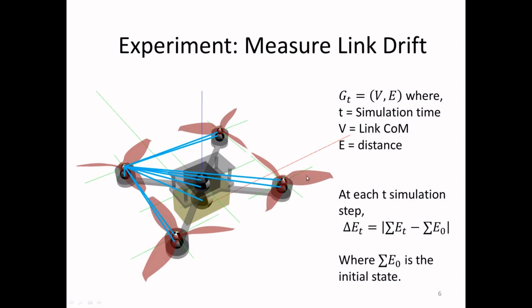We sum those values up, and then we take the difference and then the absolute to get essentially what a sum of the delta distances between all the links. And this value here, delta ET, at each simulation step will give us a basic understanding of how bad the actual drifting is occurring between these links. We want this to be 0, so any non-zero value here is a real problem.